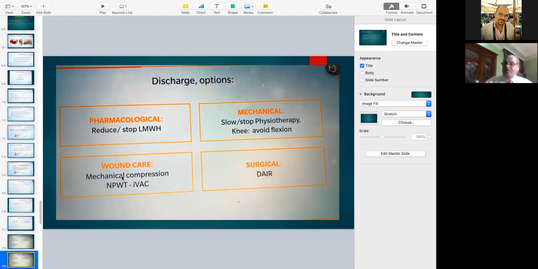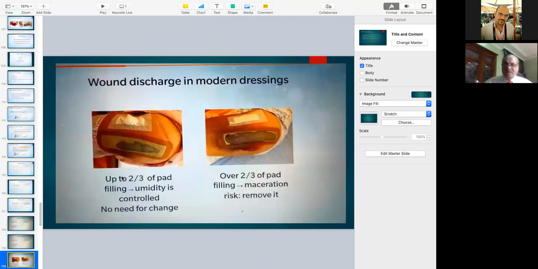And if the discharge continues, you can go to the surgical DR. These four, according to the amount and the period, you can use to deal with the discharge instead of giving antibiotic or swab for culture and sensitivity.